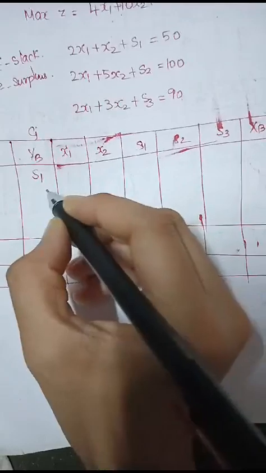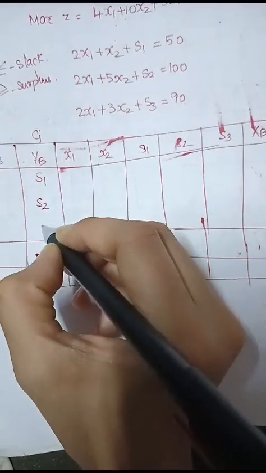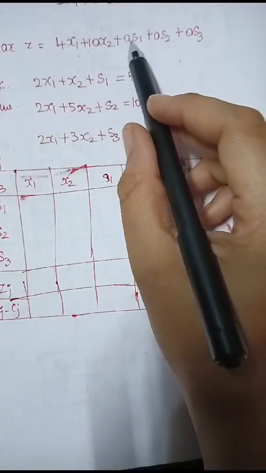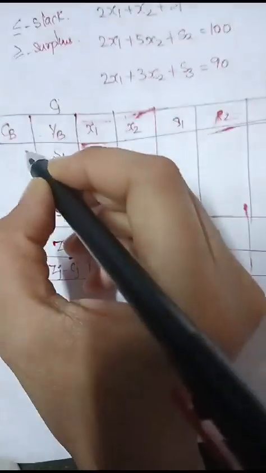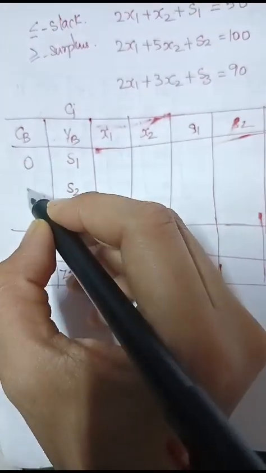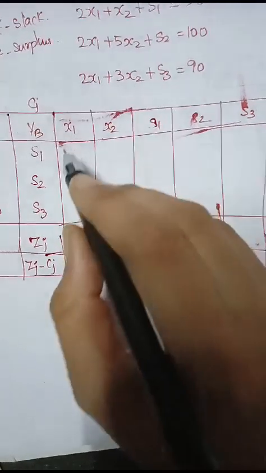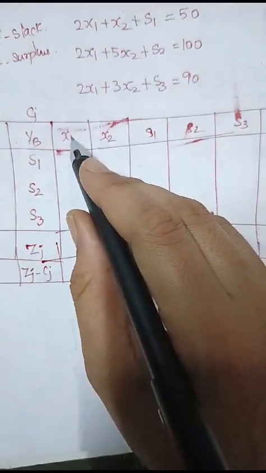Clear? S1, S2, S3. And here you can see the coefficient of S1 is 0, S2 is 0, S3 is 0. So right here 0, 0, 0. Clear? And then for x1, you have to write this constraint.